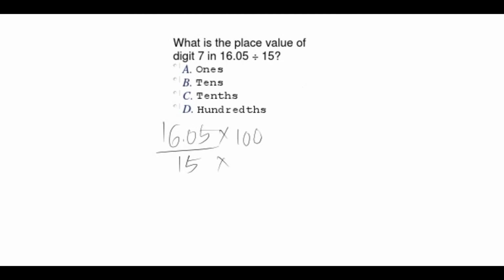Then we also multiply 100 by the denominator. So the 2 zeros will remove the decimal points. So we'll have 1605 divided by 15 multiplied by 100.